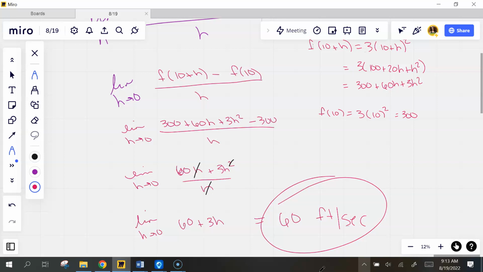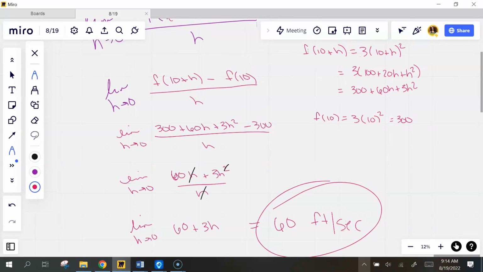If that is what you got, or it's not what you got. Oh, 3t squared. Okay, so where do you see 20h? Foil it out.